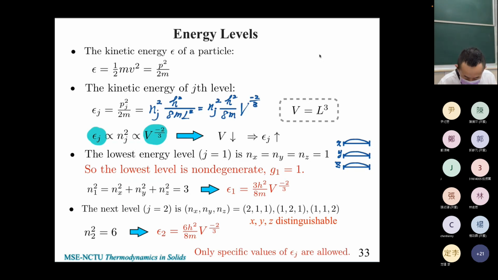Next, we have the next level, J equal to 2, where one of them will be 2. So it could be 211, 121, and 112.